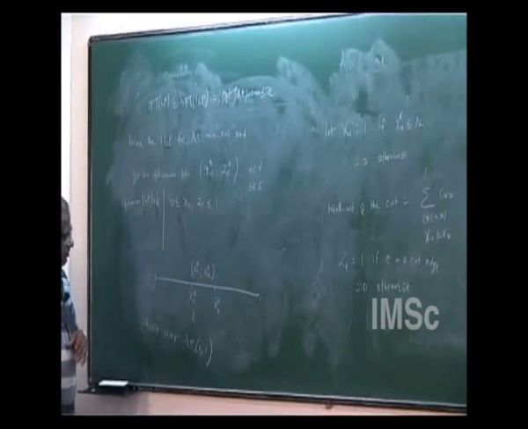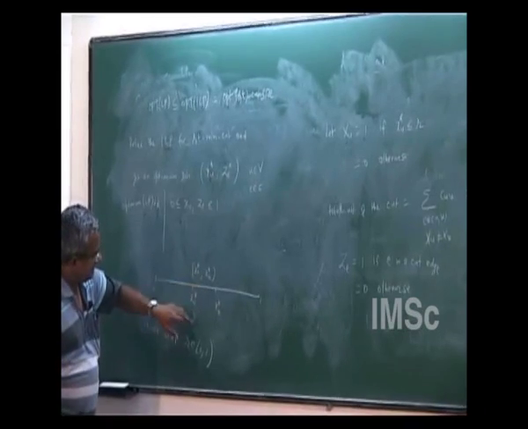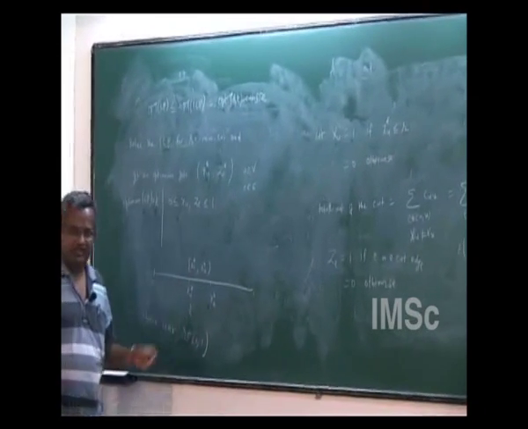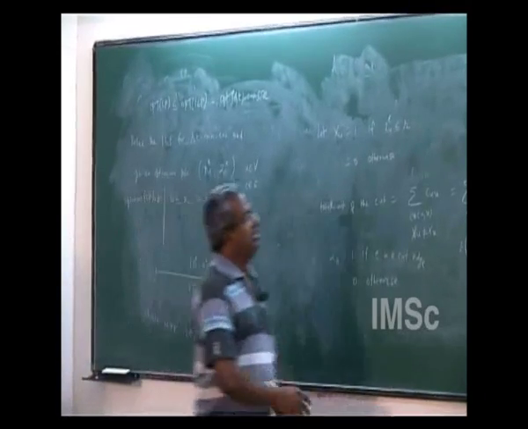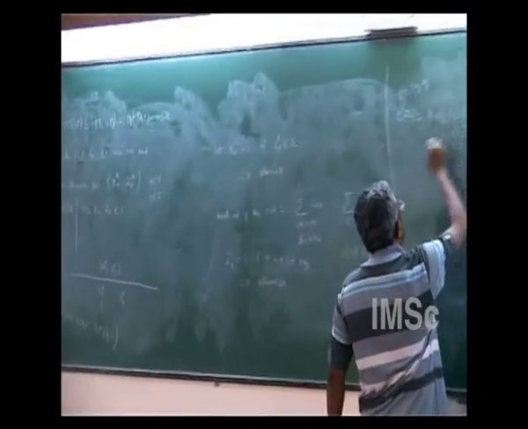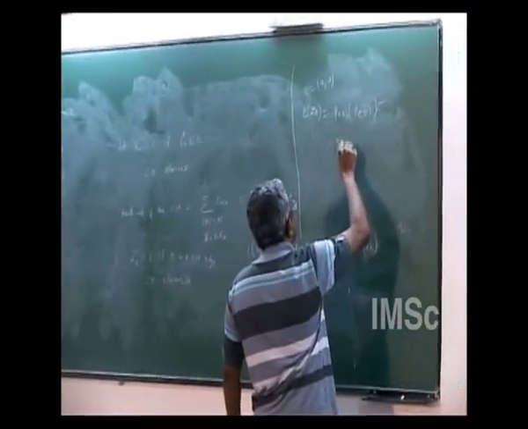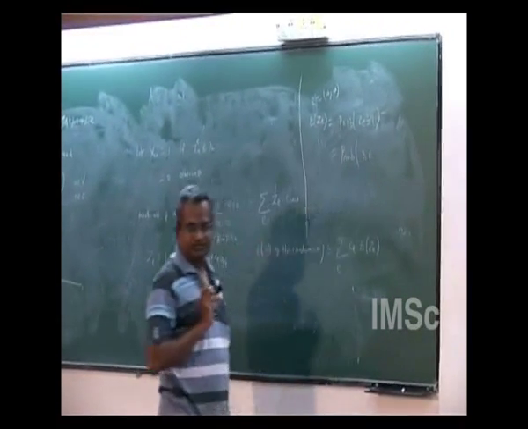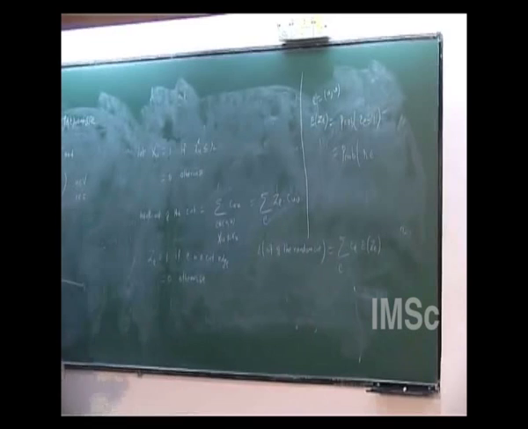If X_v star comes before X_u star, it will be similar to this. In essence, what it means is that this will be 1 only if R, the random value that you choose, satisfies the following. There are two possibilities.